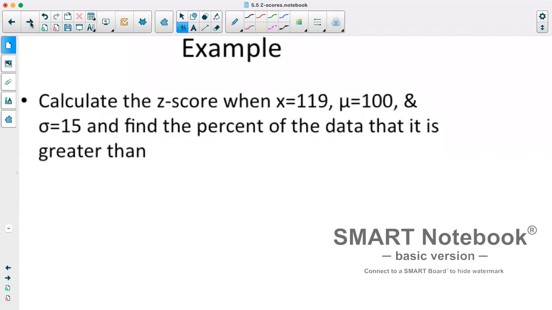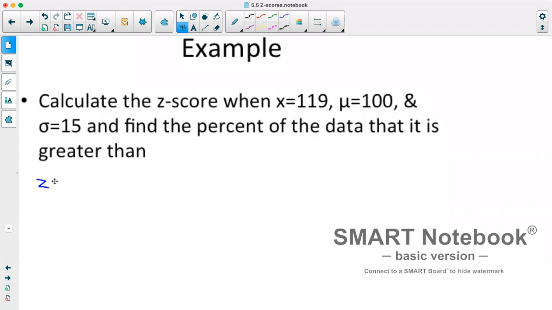Okay, so for example, calculate the Z-score when X is equal to 119. Our mean is 100 and our standard deviation is 15, and then find the percent of data that it is greater than.